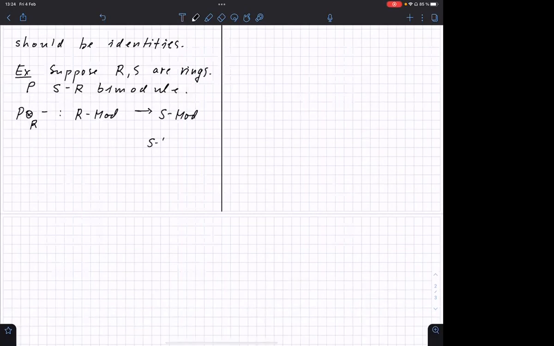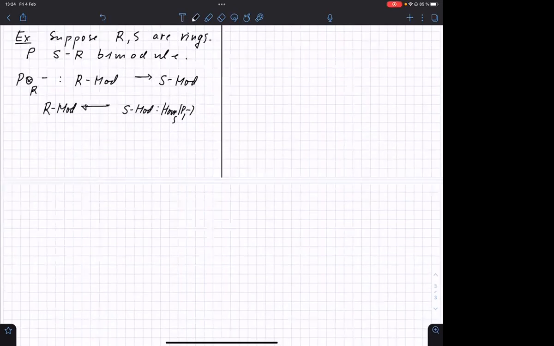And we can also Hom over S out of P, and that produces an R module. I think we did this even on the very first day. So that's a pair of functors that you can build from a bimodule, and they are adjoint to each other. So let's give the adjunction data. We have to give the unit and co-unit.